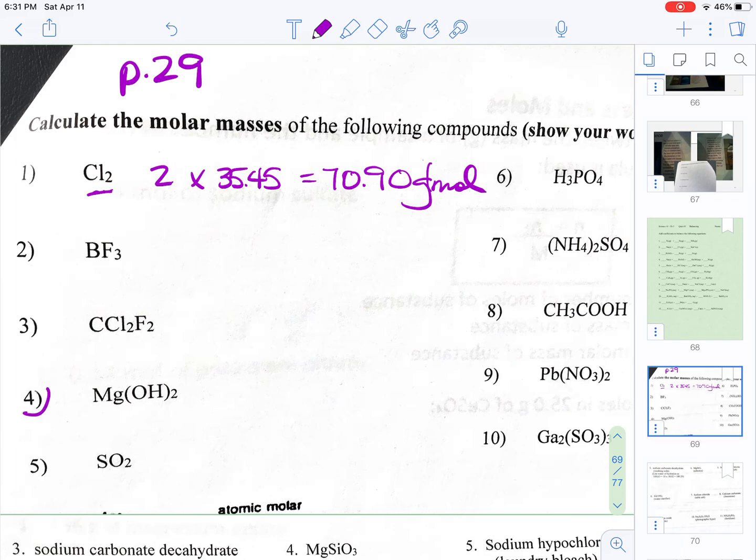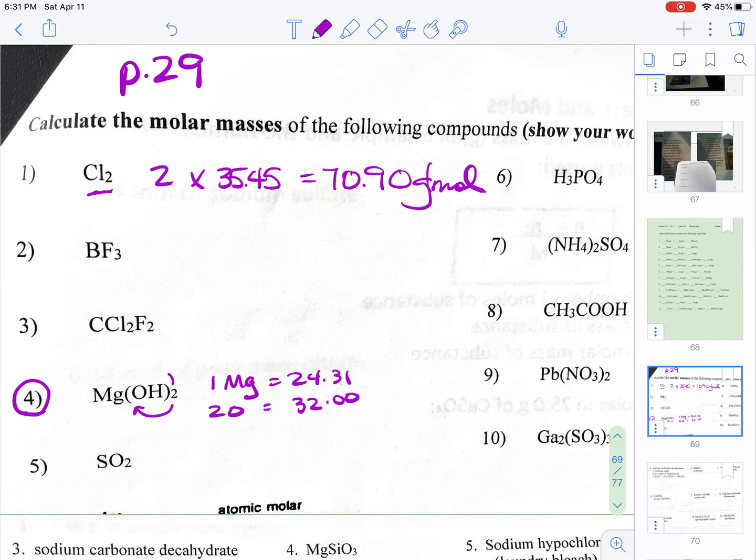I can try number 4 with you, and what I like to say is there's 1 magnesium here. Magnesium, you can look it up, is 24.31 grams per mole. When we have brackets, this does mean there's 2 oxygens, and 2 oxygens is 2 times 16, which is 32 grams per mole.